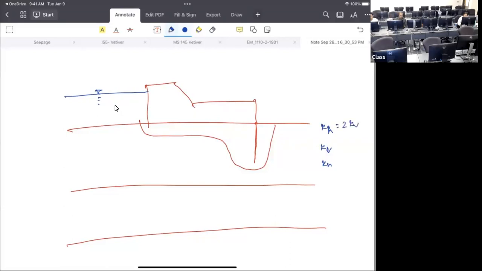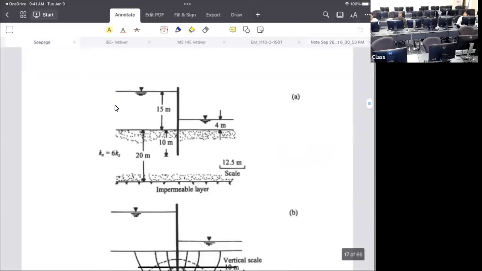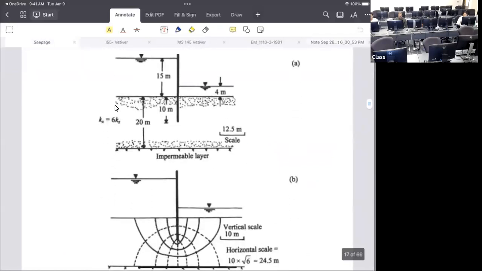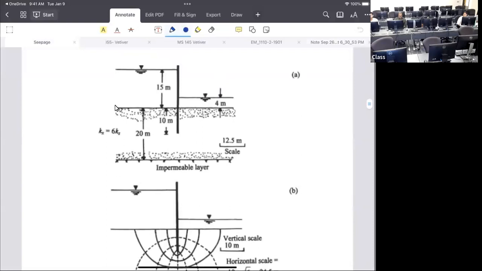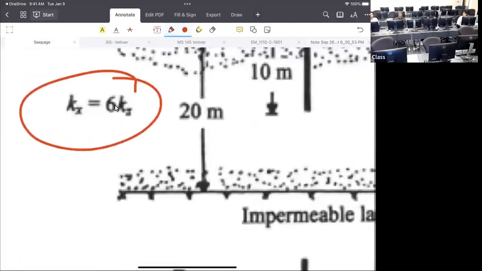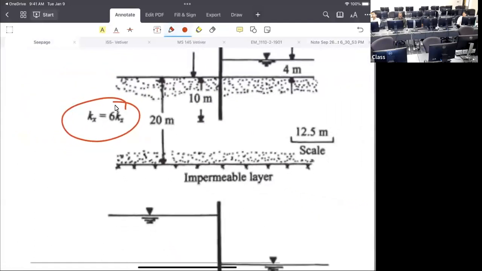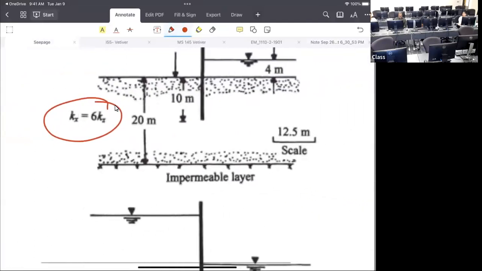So what do you have to do? You have to do the adjustment. You need to take the square root of kh by kv. If you take a look here, your kx equals 6. Sorry, what is x? X is horizontal and z is vertical.